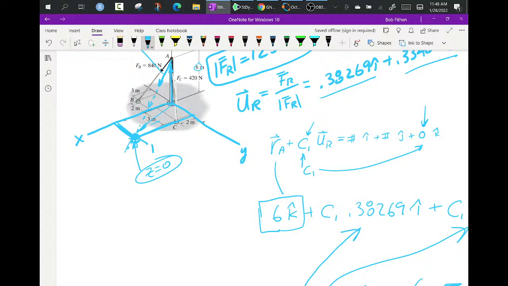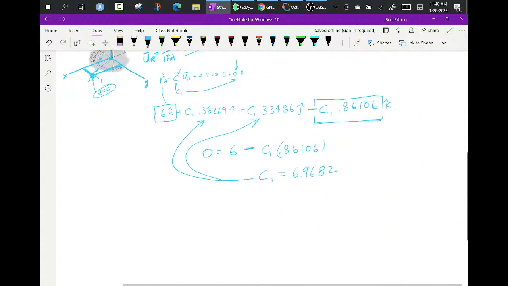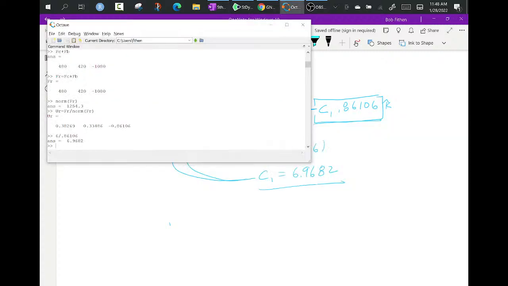Hopefully I'm making sense. So we'll call this constant C1.